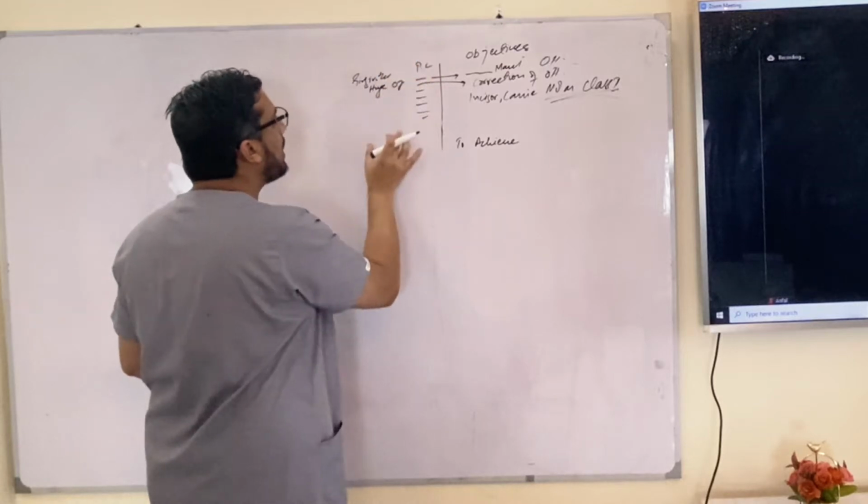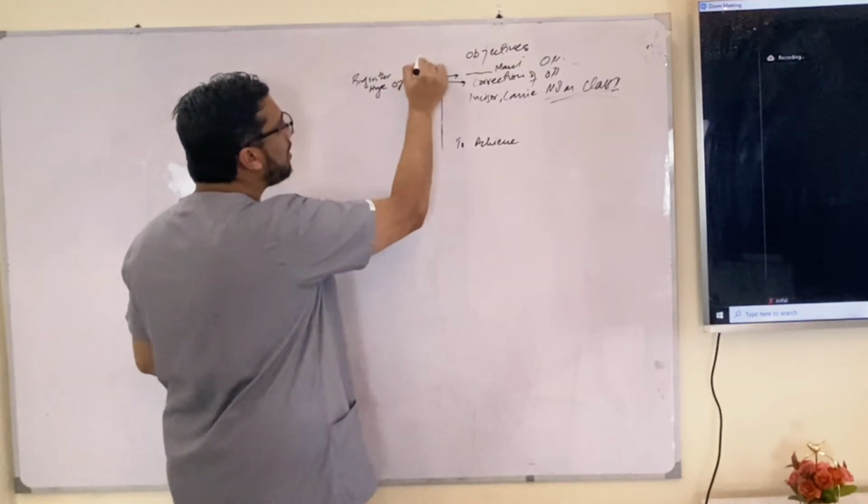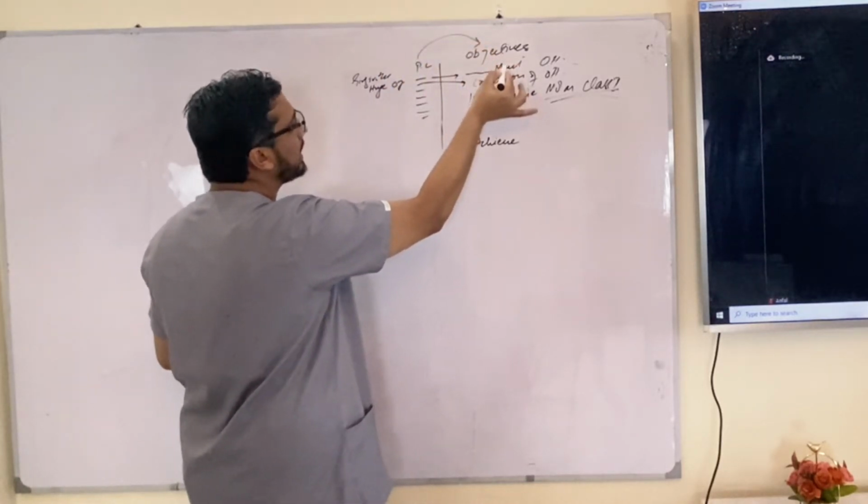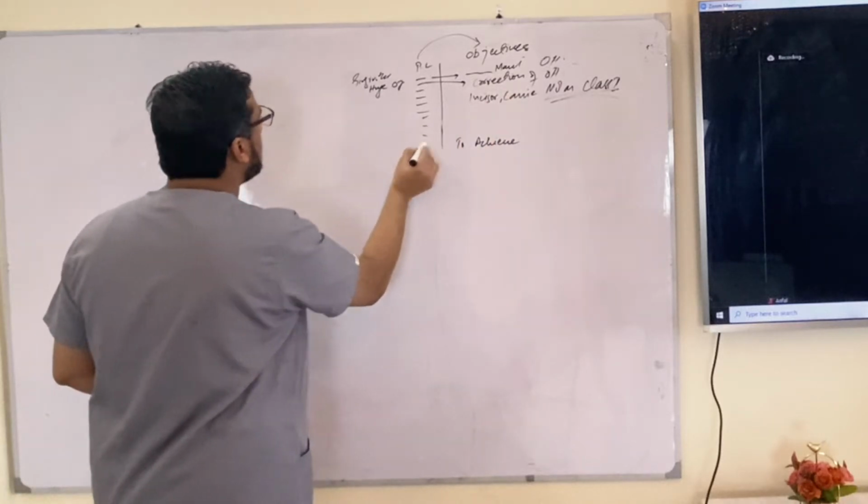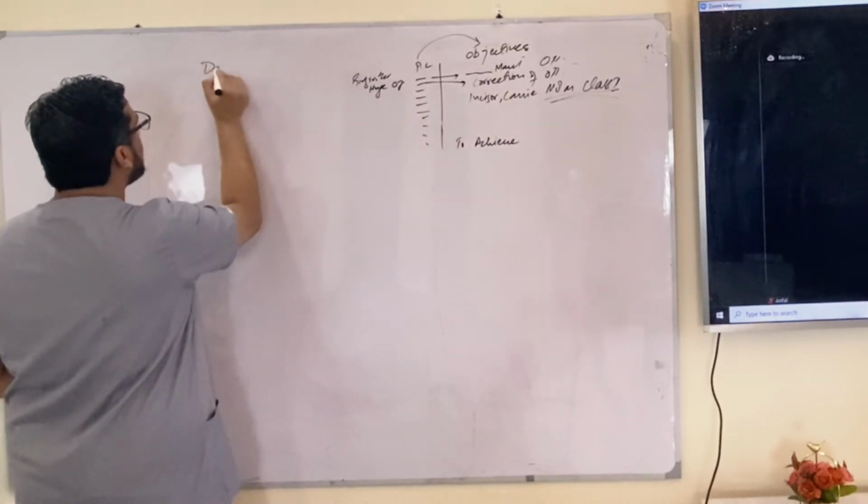So once you have developed the problem list, from the problem list you are developing objectives. And how do you get the problem list? From data, from the diagnostic tools.